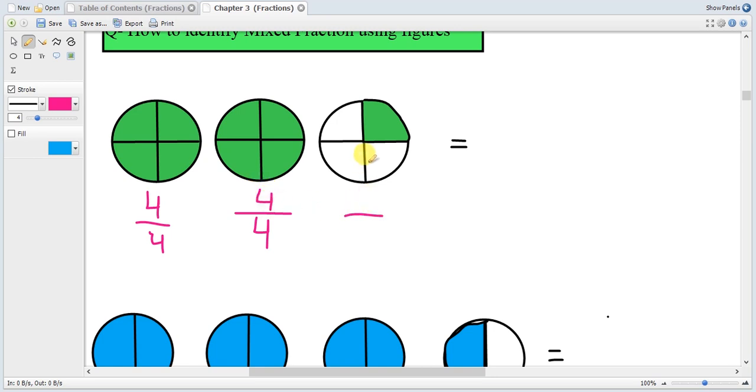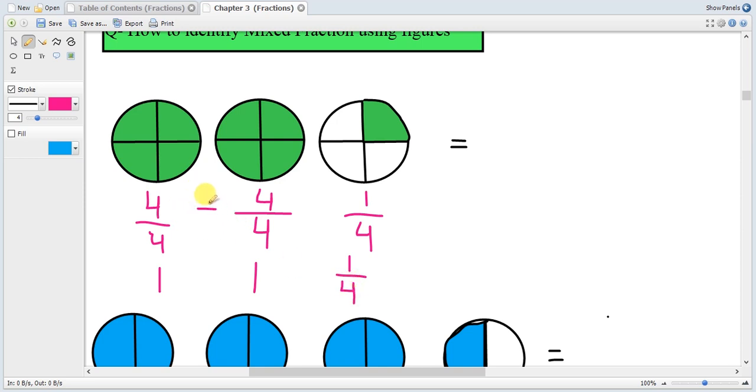Now in this case, the total number of slices is 4, and how many of them are green? Just 1, right? Now if you divide 4 by 4, what will it give you? 1, and over here 4 over 4 will also give us 1, and this will remain as it is, which is 1 over 4.